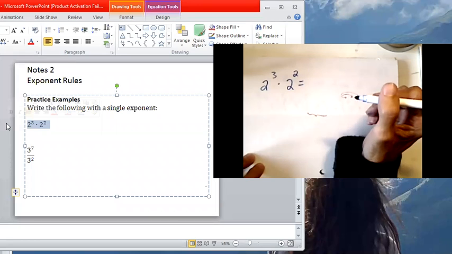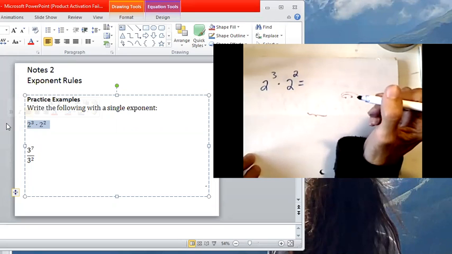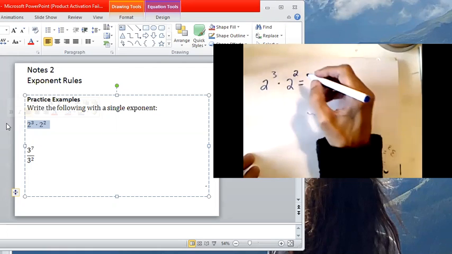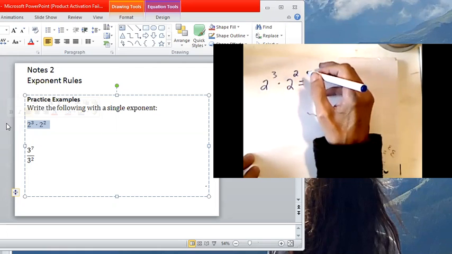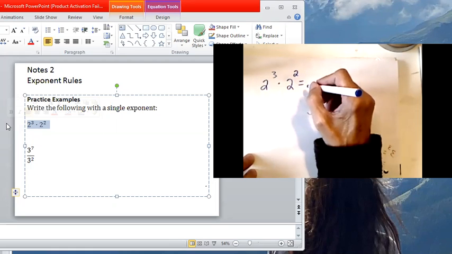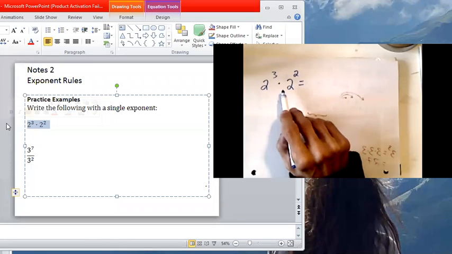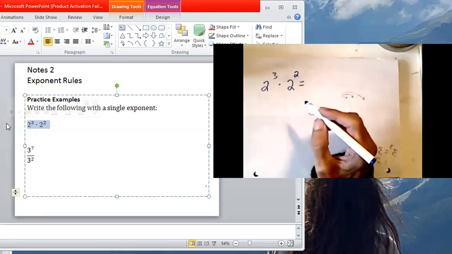No, it's not. It's good. Okay, let's do the first one first. 2 to the power of 3 times 2 to the power of 2. What is this going to equal?